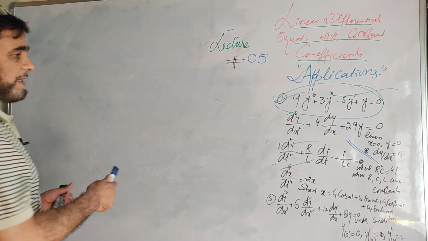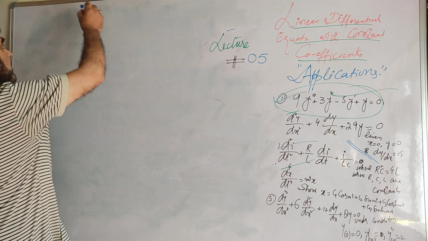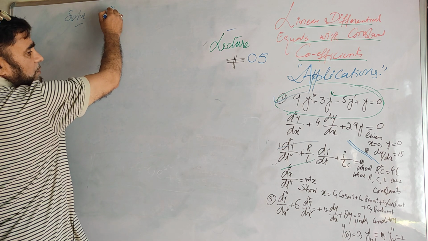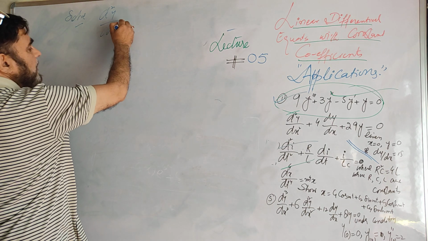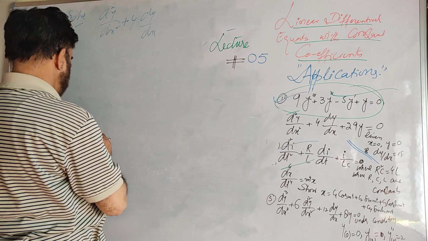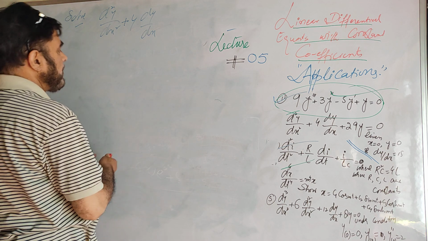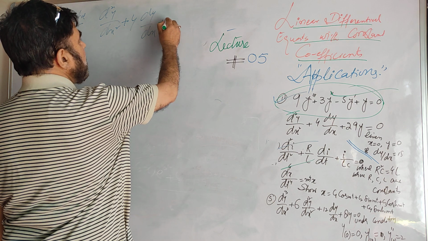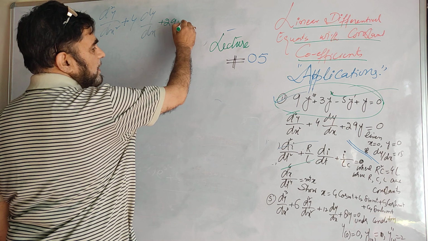Let me take another question. You have to solve the differential equation d2y by dx square plus 4 dy by dx plus 29y is equal to 0.